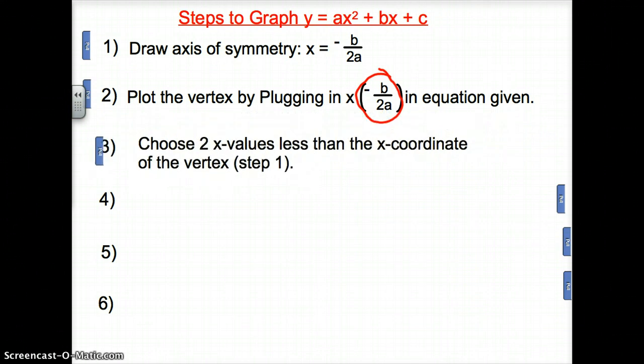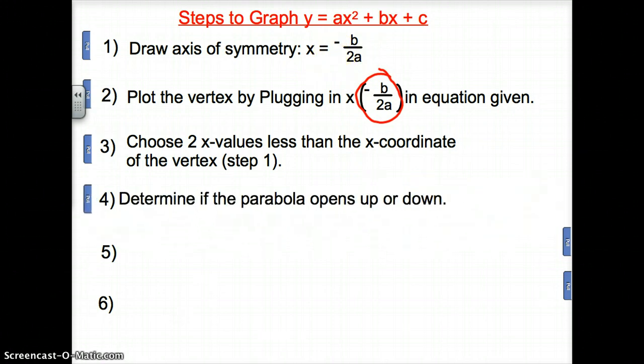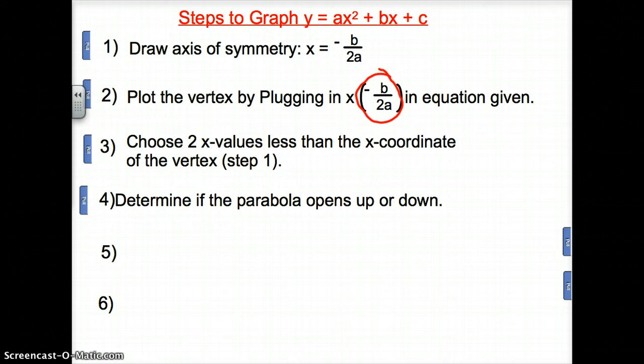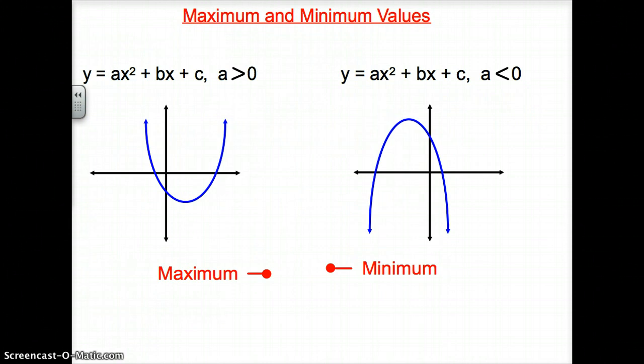Next step, you choose 2 more values for x that are less than the value in step number 1. Next, does the parabola open up or down? If your points are both right, go ahead and reflect the points, and then finally you get to do the fun part, which is draw the parabola.